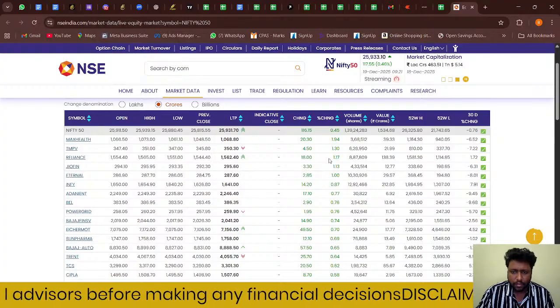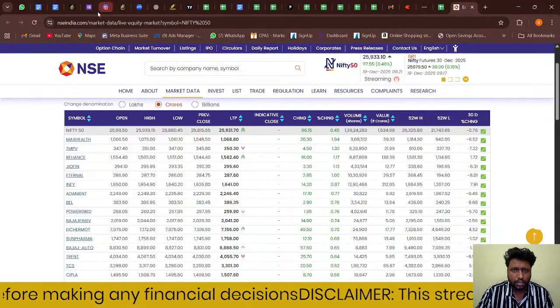Reliance is almost 1% up. Max Health, Jio Fin also we will have a look.